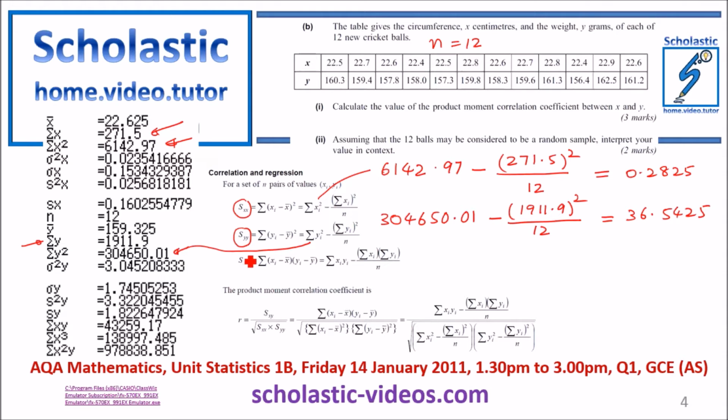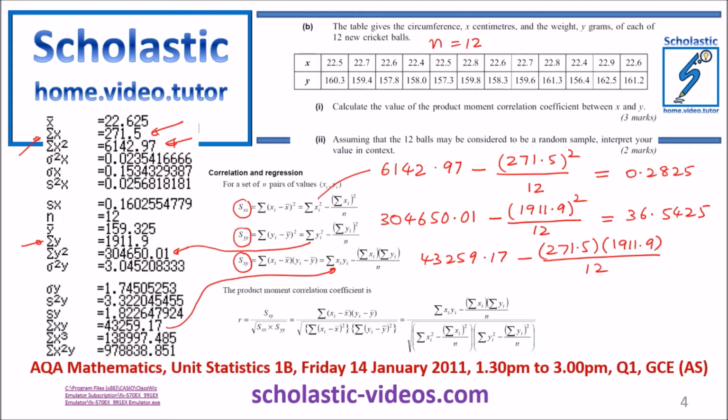And the last value that we need is SXY. So we need this value, sigma xy. It is equal to 43259.17 minus sigma xi, which is 271.5, times sigma yi, which is 1911.9, divide by, again, n is 12.